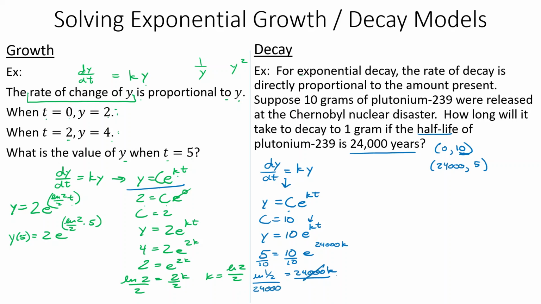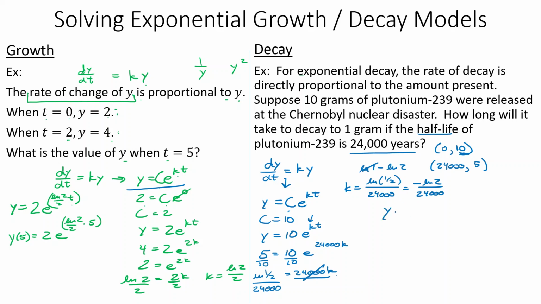The reason this is negative is because ln of 1/2 is a negative number. So k equals the ln of 1/2 over 24,000. ln of 1/2 is also the ln of 1 minus the ln of 2, and the ln of 1 is 0. So we could also say this is negative ln of 2 over 24,000.